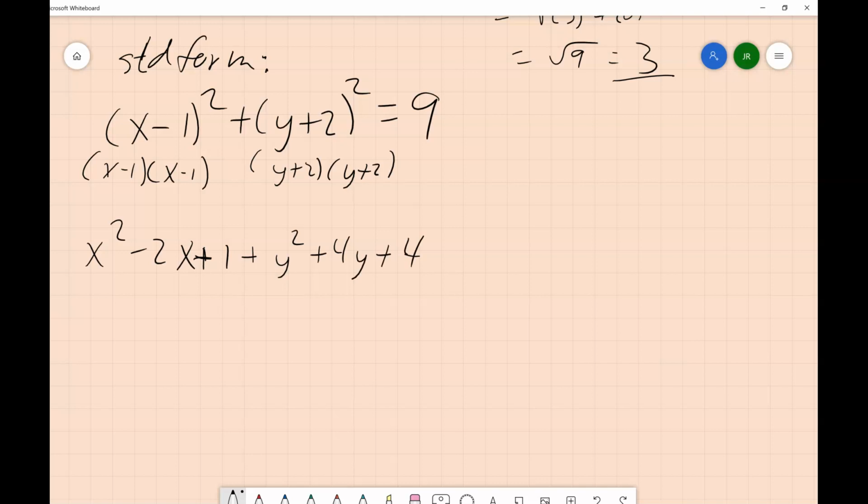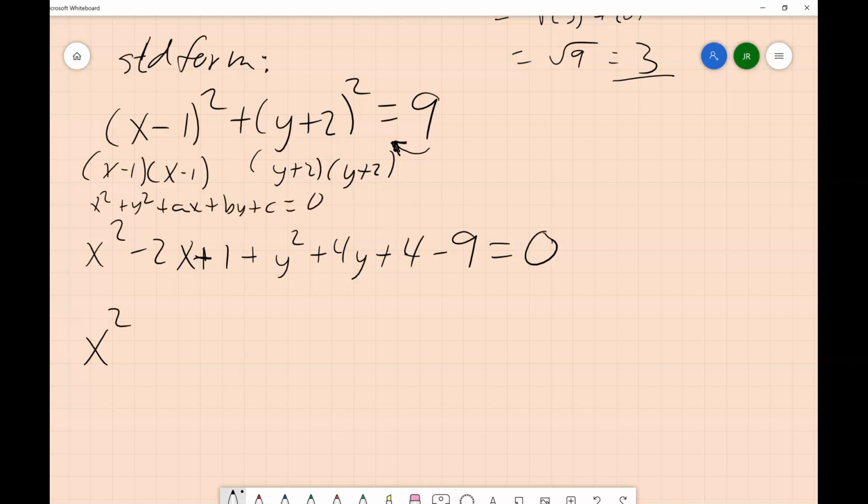All right, and I'm going to go ahead and move my 9 over here, right? So it's going to be minus 9 equals 0. So now I can combine all my like terms. So x squared, and remember it's x squared plus y squared plus ax plus by plus c equals 0.